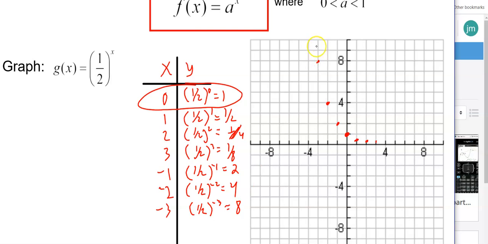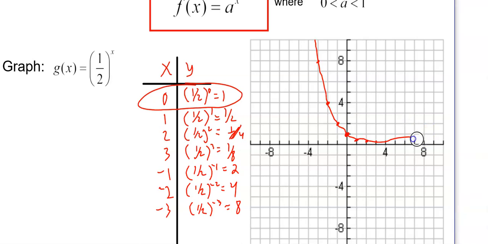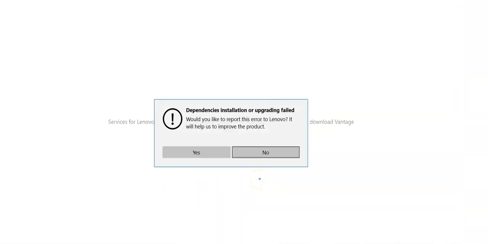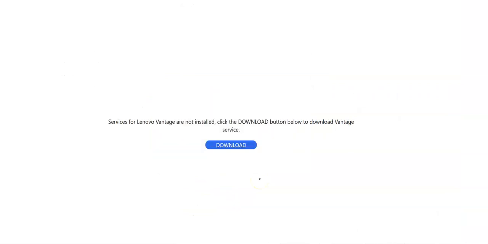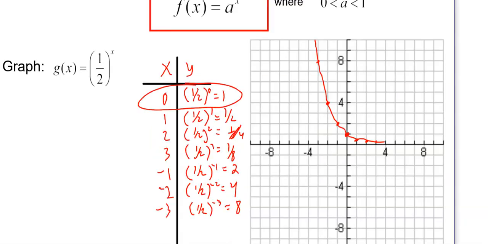And so this graph, instead of growing, is called exponential decay. So let me erase that part of it. It should go up there. There we go, sorry.